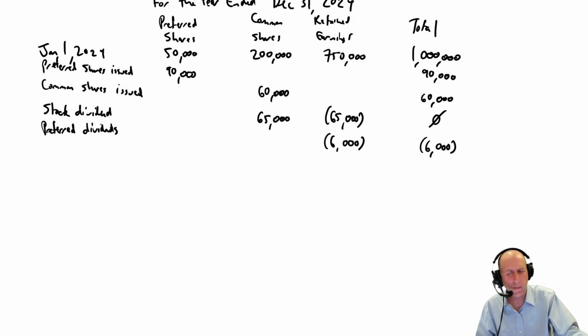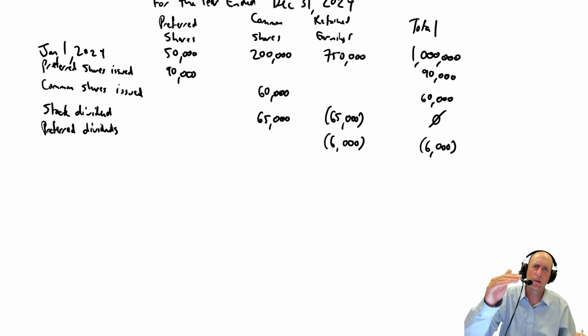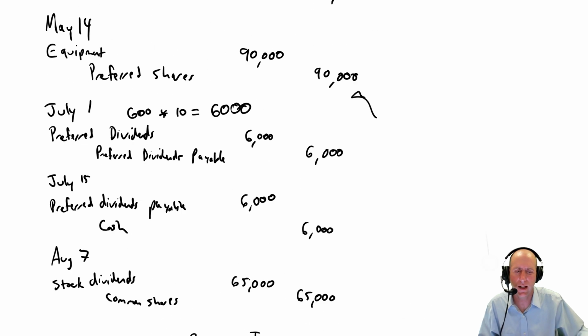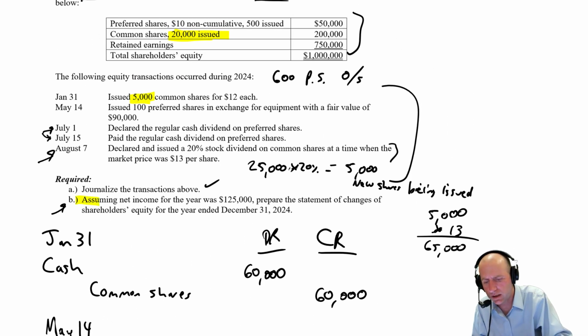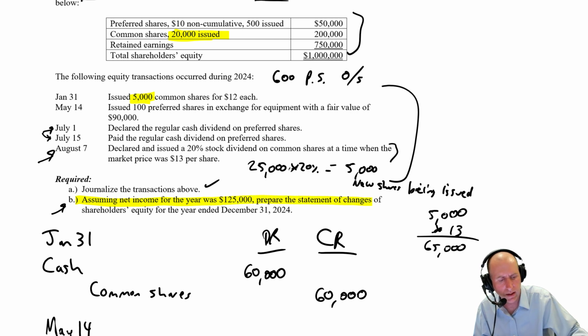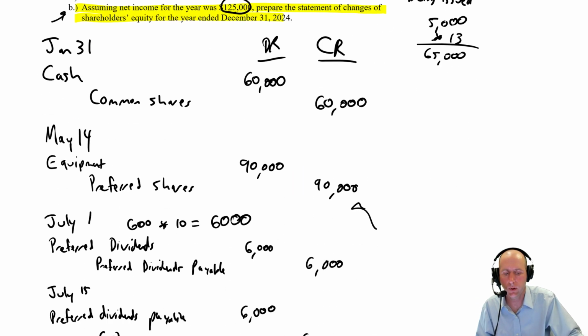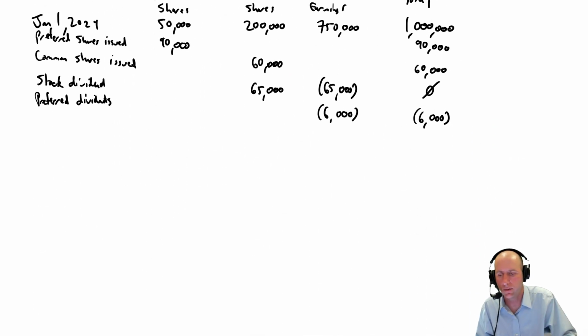The answer is, well, I'm always like beginning retained earnings plus net income minus dividends. I haven't plussed net income yet. And I didn't really read this thoroughly, but it says, assuming net income for the year was 125, prepare your statement of changes in equity. So assuming net income of 125, we're going to add net income of 125.